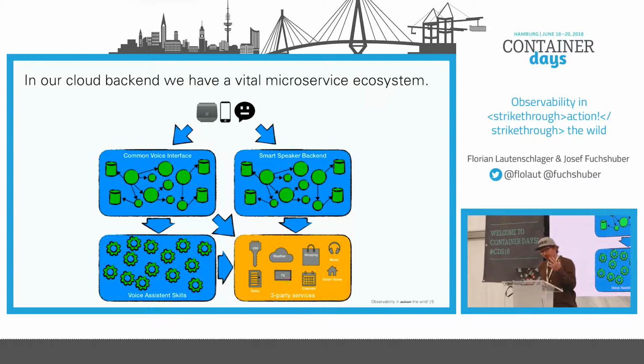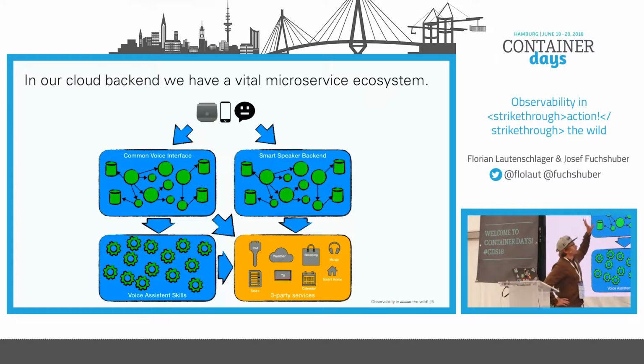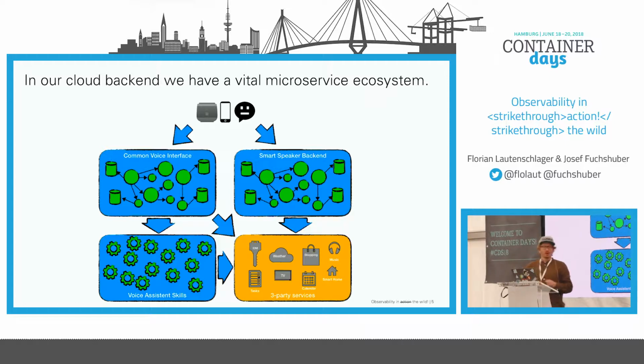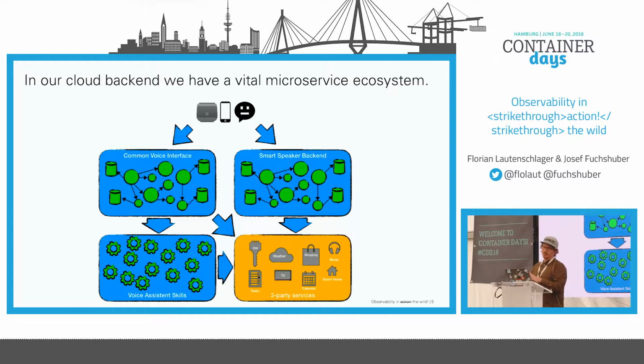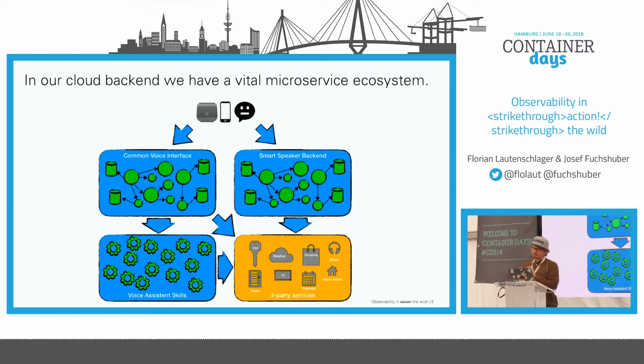We have a lot of services for voice interaction and text interaction, for the NLU and so on, and call a lot of functional skills, which are for weather, for radio, and so on. And we have a lot of backend components for our device, for our smart speaker, like the device management and so on.